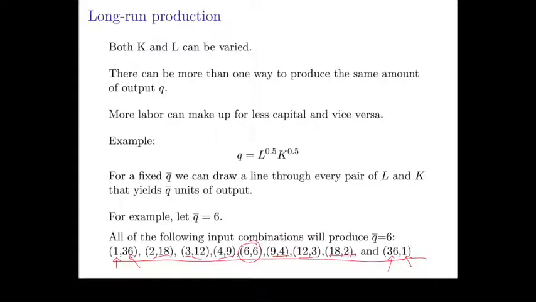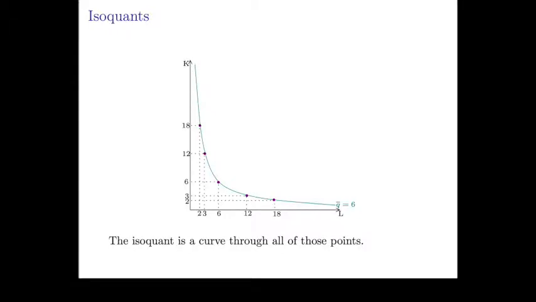Again, this should seem very familiar to you. If you go back to when we talked about indifference curves, this is exactly the exercise that we went through. Instead of fixing the quantity of output, we fixed the utility level. The counterpart of an indifference curve is what we call an isoquant.